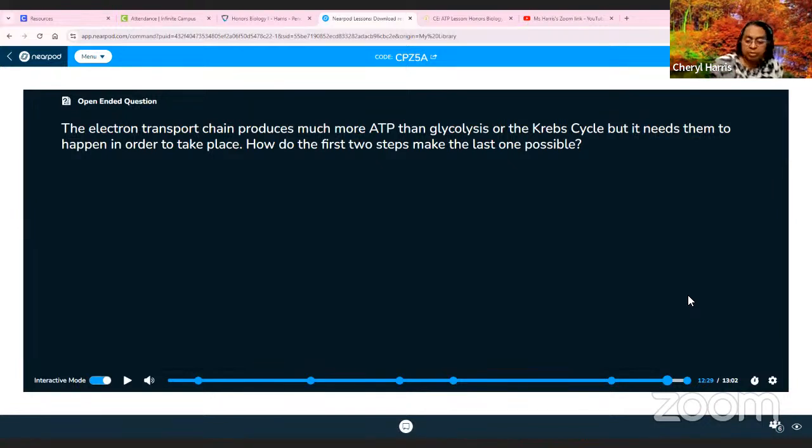Think about, try to remember what he said. What are we making in glycolysis and what are we making in the Krebs cycle that makes the electron transport chain happen? That's what the question is asking you.